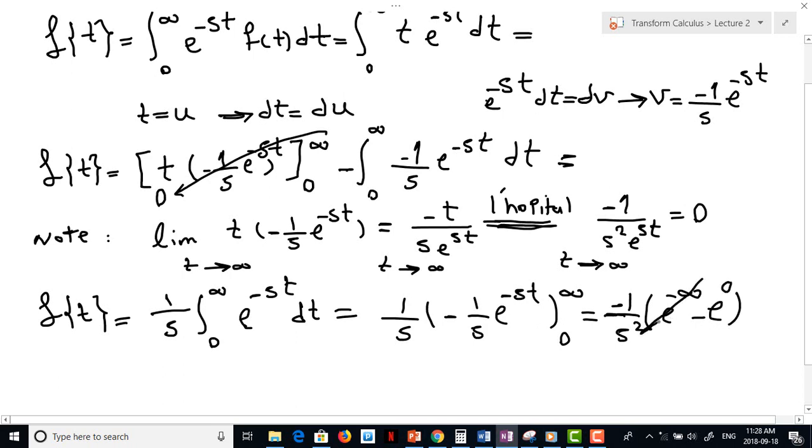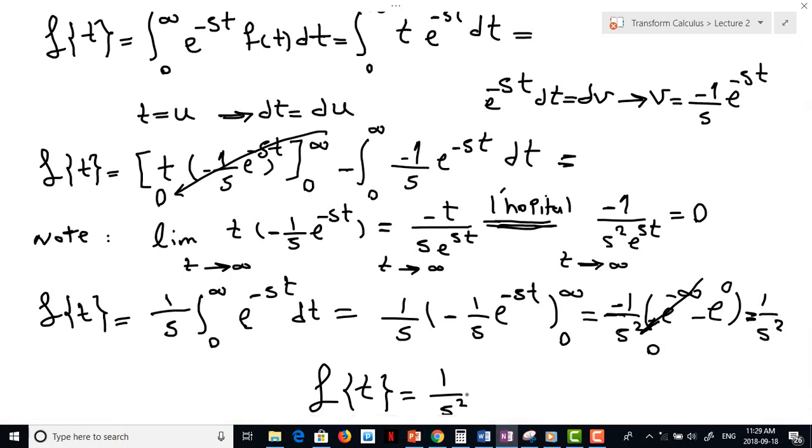E to the power of minus infinity is equal to 0. As a result, minus 1 over s squared times minus 1 is 1 over s squared. So we can say that the Laplace transform of t is equal to 1 over s squared. So we could easily find the Laplace transform of this function, the ramp function.